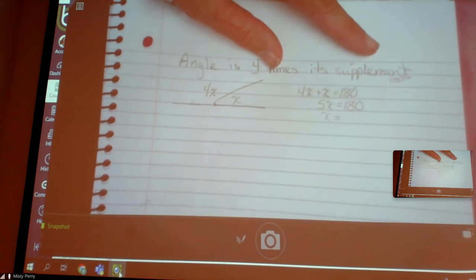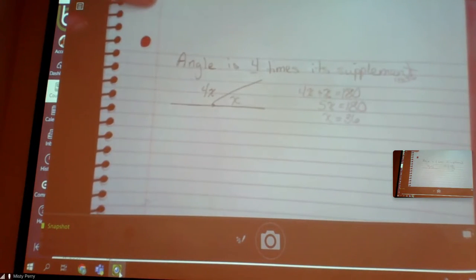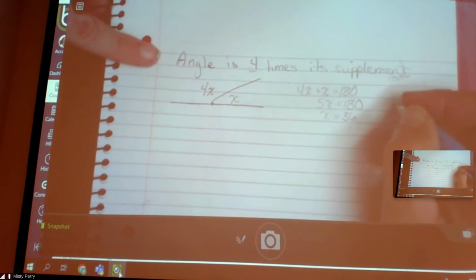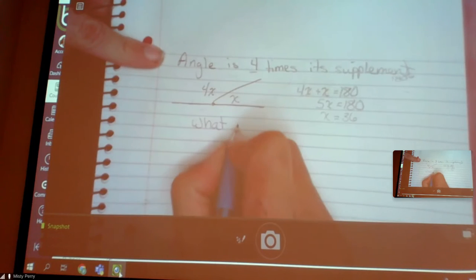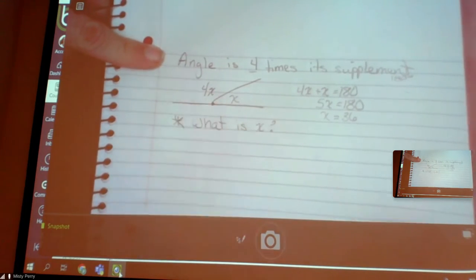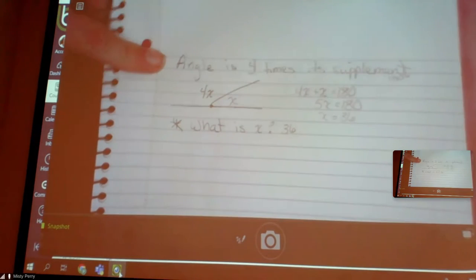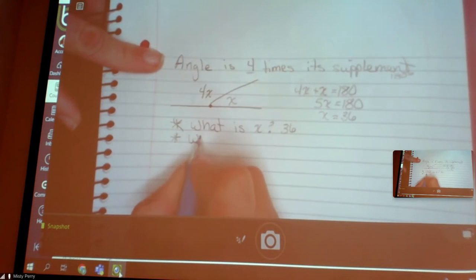Ooh, that was times. 180 divided by 5, I get 36. This is your answer if it asks for x. Right? X is 36.